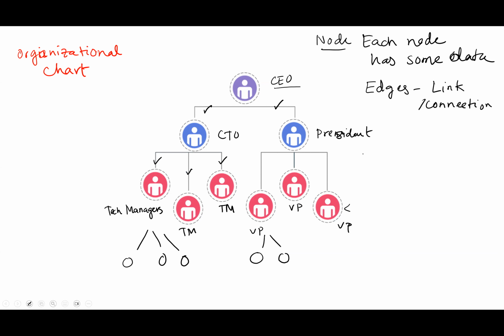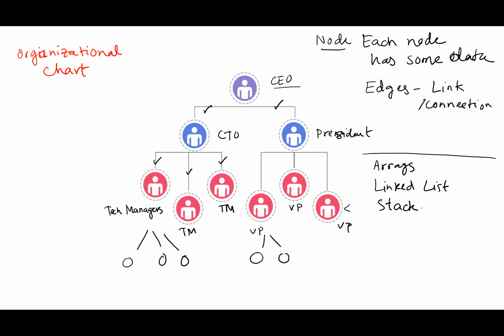Okay, so let's move on. From here, you can see that tree data structure is different from the other data structures we had studied before, like arrays, linked list, stack or queue.